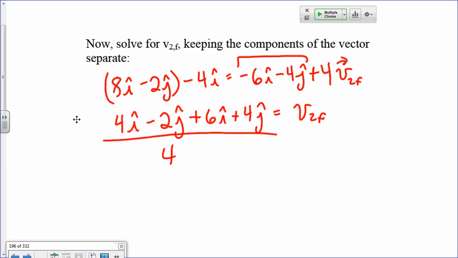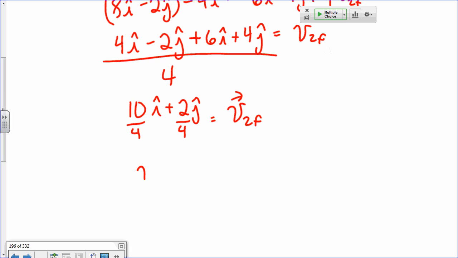And then I just simplify it a little bit more. I have 4i plus 6i is 10i plus 2j. Both of these are divided by 4. That's equal to v2f. And so v2f is 2.5i plus 1/2 j, or 0.5j. That's in meters per second.